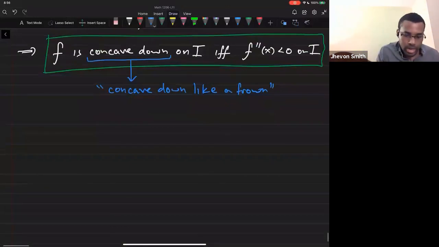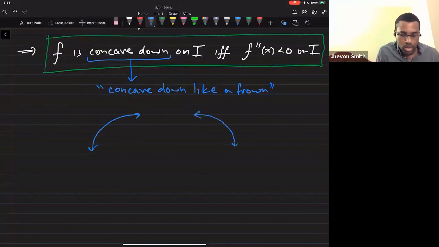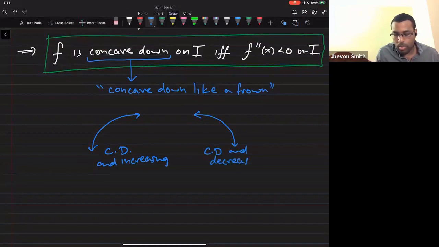And again, you can be doing that while increasing, or you can be doing that while decreasing. So this is concave down and increasing. And this is concave down and decreasing. So do not mix this up with increasing or decreasing. The first derivative tells you about that.